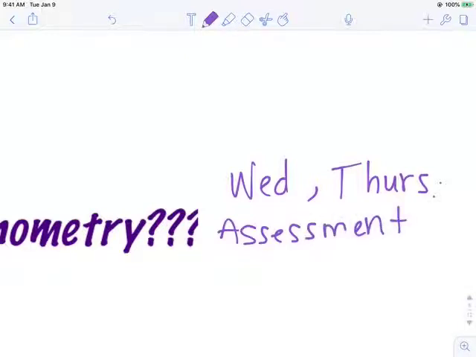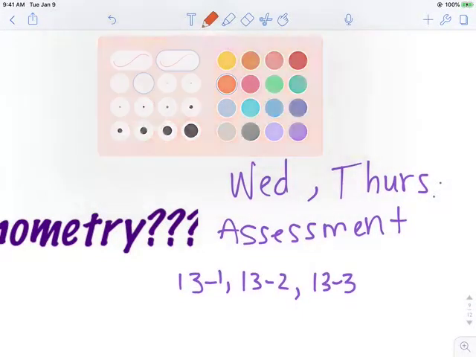It's going to be on 3 sections: 13.1, 13.2, which we're finishing up today, and then Friday, Monday, we're going to cover 13.3. Depending on how long 13.3 takes us, maybe we'll also spend Tuesday and then review Wednesday and then test Thursday. Or maybe we'll just test Wednesday. Depends how we're doing. But Wednesday or Thursday of next week, you'll have an assessment.